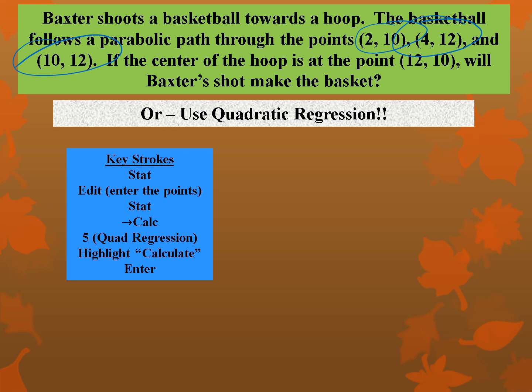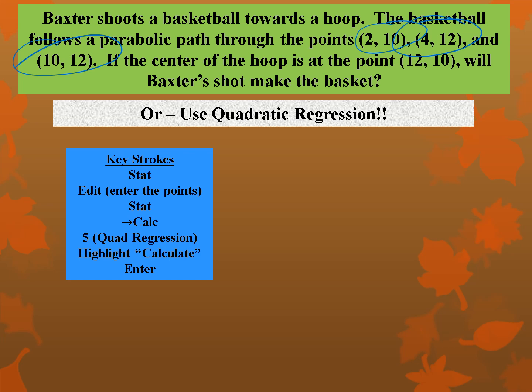Now if you want, you can at this point just type the equation they gave you into y equals, and then go to the table and see if (12, 10) is on the table. If it is, woohoo! If not, not so much. But let's say it gives you a really nasty, long decimal.